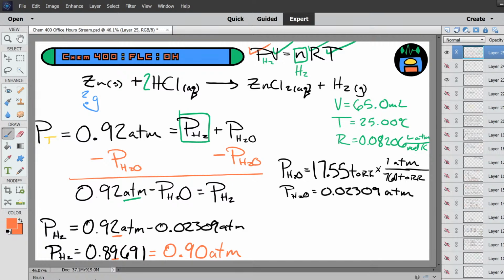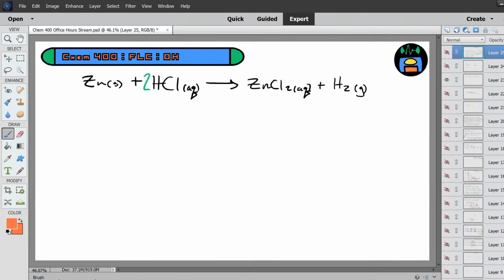This is now the value I can plug in to PV equals nRT to find my moles of hydrogen. Once I do, I can use my balanced chemical equation to find the mass of zinc. All right, so let's do some algebra.